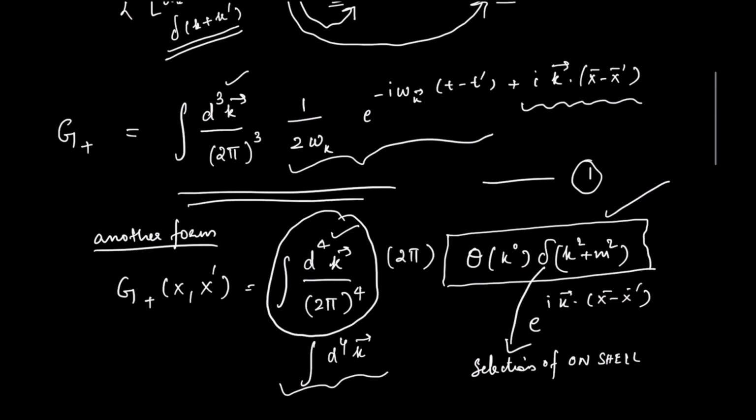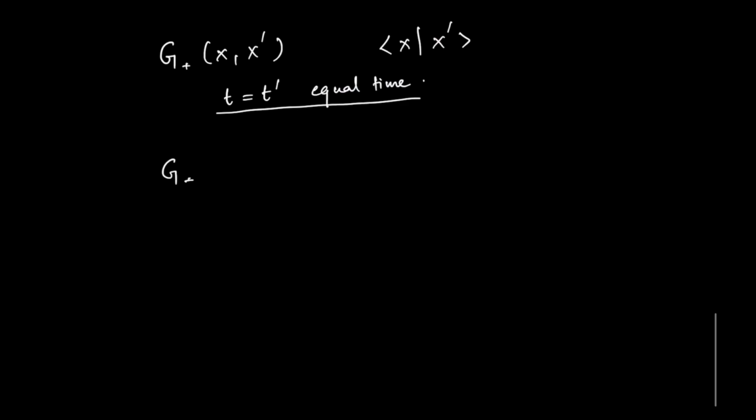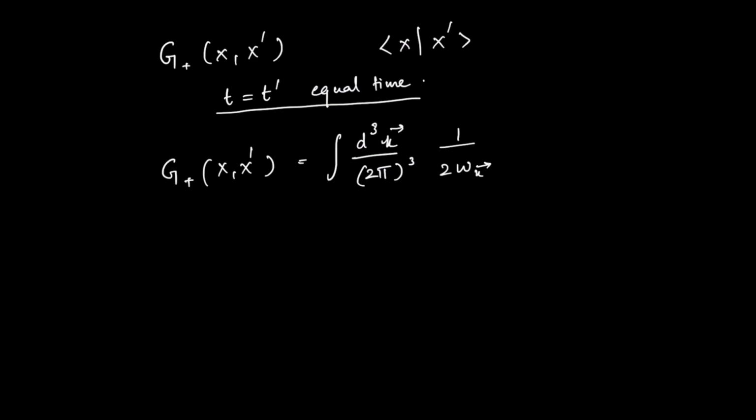Then I will get G plus of x, x prime equal to the integral d cube k by (2 pi) cube, 1 by 2 omega k, e raised to, when t is equal to t prime, t minus t prime will be 0, then I have e raised to i k dot (x minus x prime).